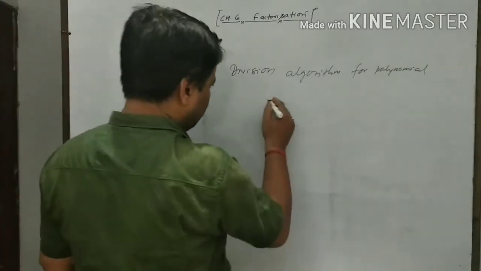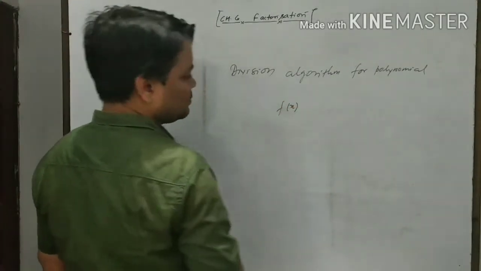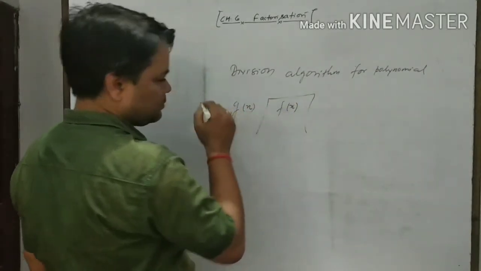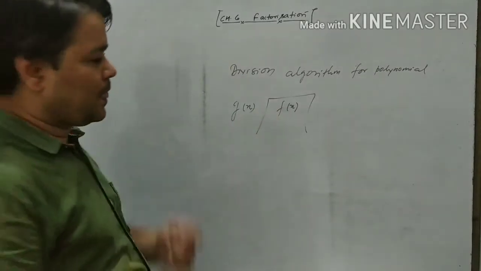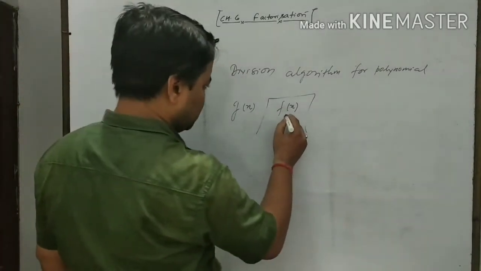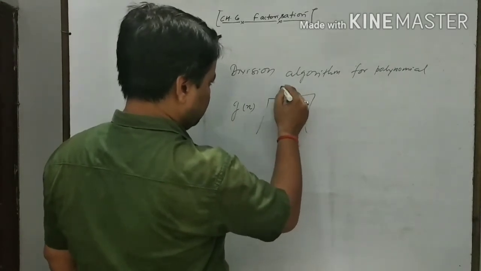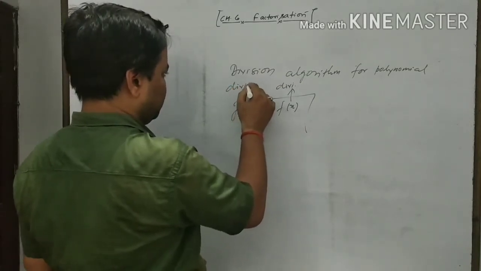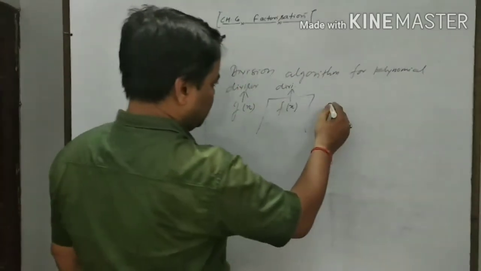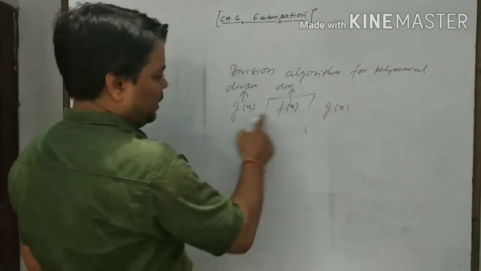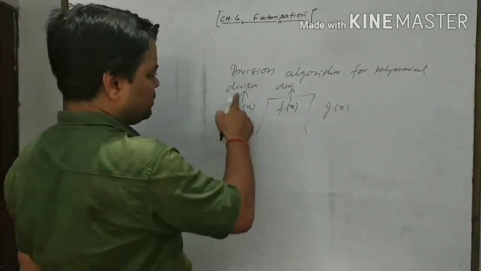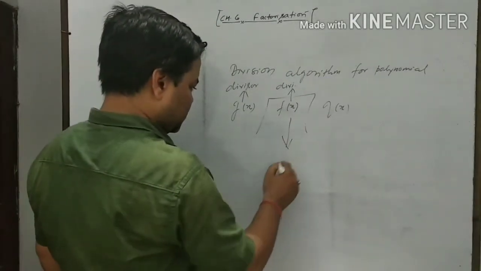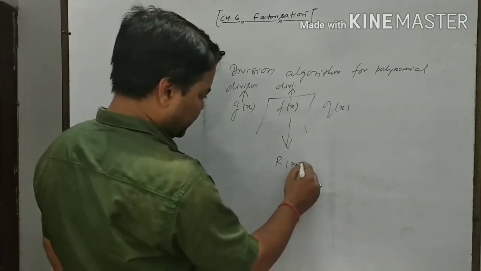Here, if f(x) is divided by g(x), f(x) is the dividend, g(x) is the divisor, and here q(x), q for quotient, and we get the polynomial r(x) as remainder.